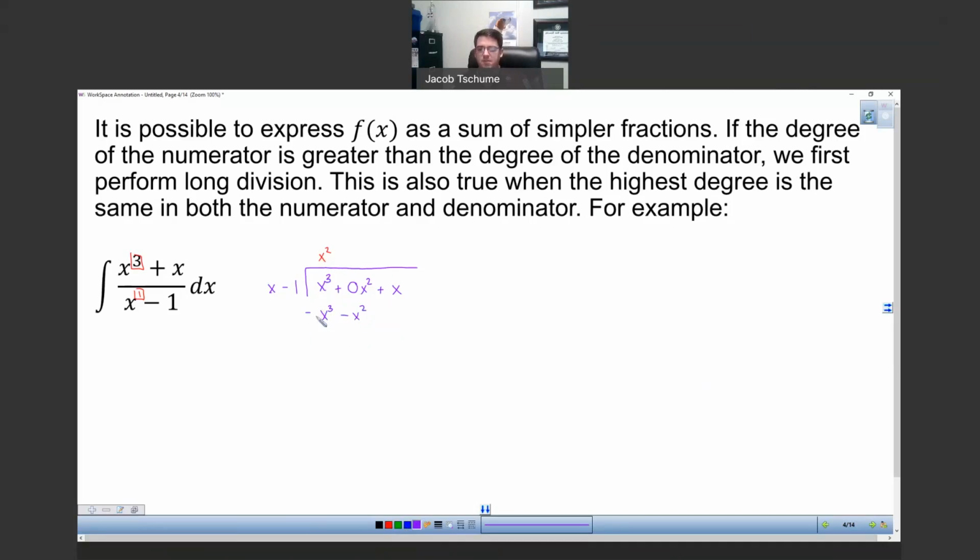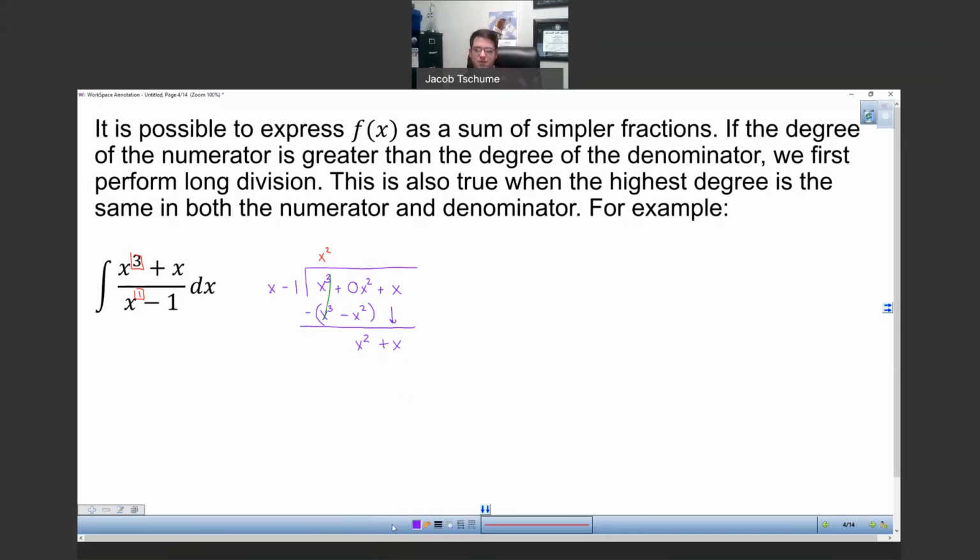Remember back in like third grade division, you would subtract these two terms, which very nicely would cancel the x cubes, and then 0x squared minus a negative x squared would be a positive x squared, and then you would bring down the plus x. And you'll continue this until you can't divide it anymore.